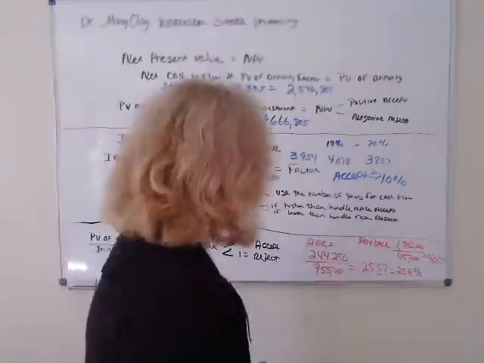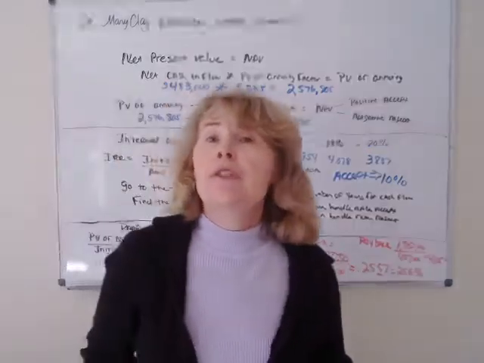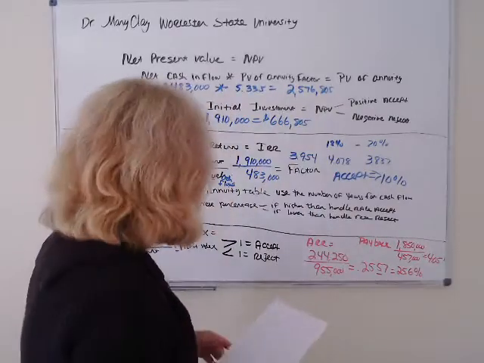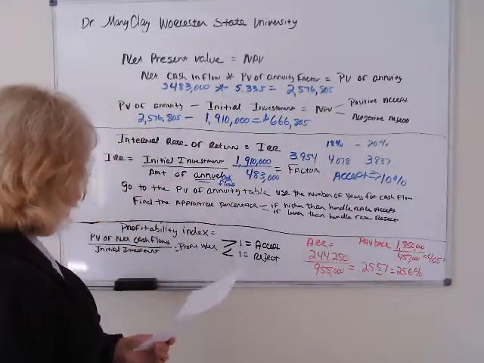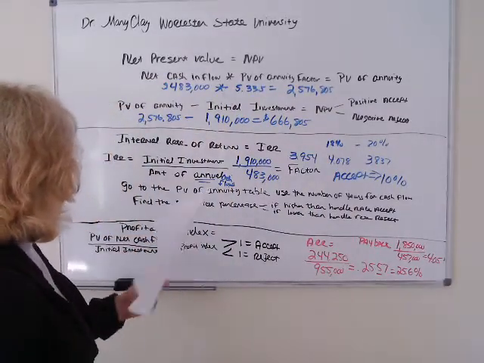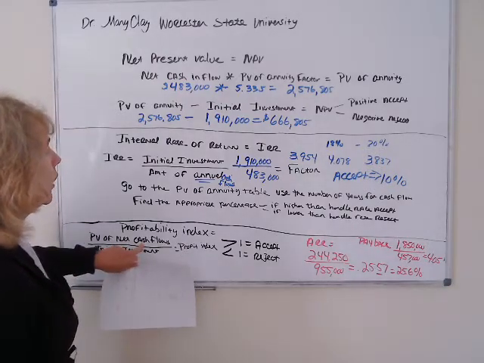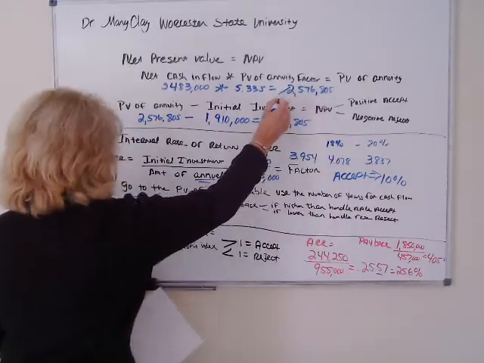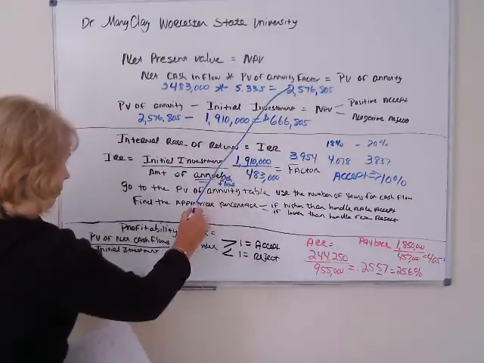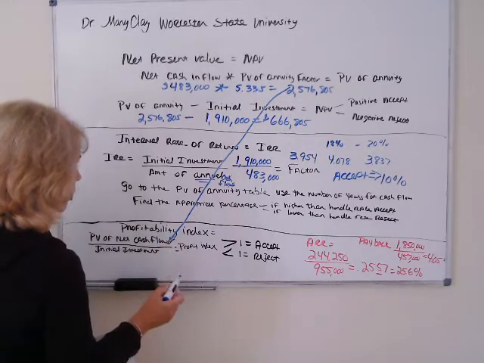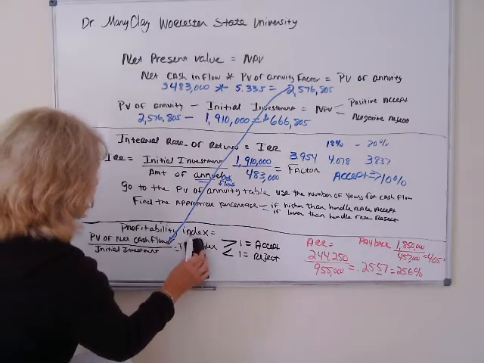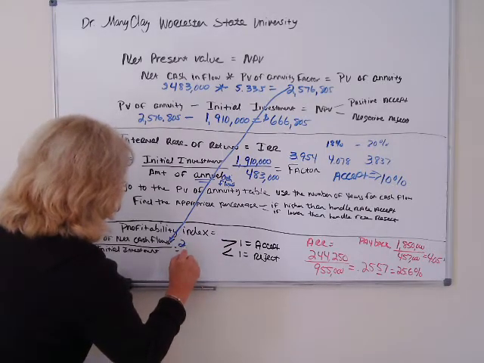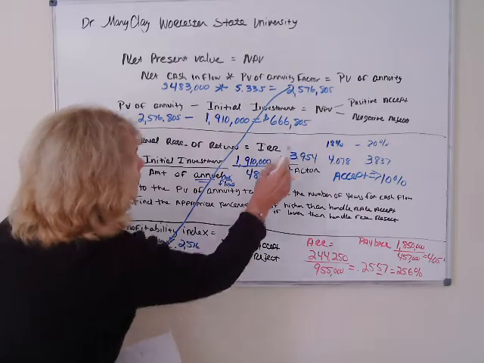The profitability index, this is where if you've completed the net present value, you already have one of these numbers. So the profitability index, you're going to take the present value of the net cash flows. Well, we already did that. We did that right here. So the present value of the net cash flows is 2,576,805.